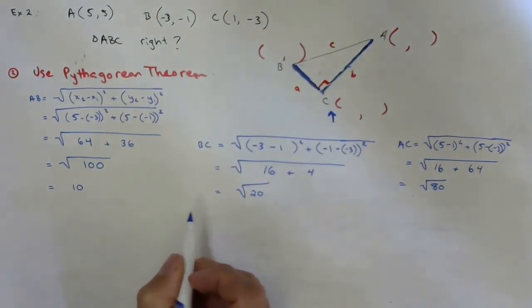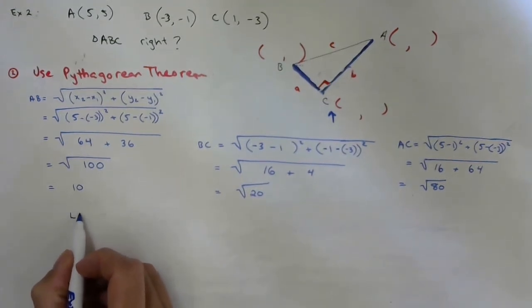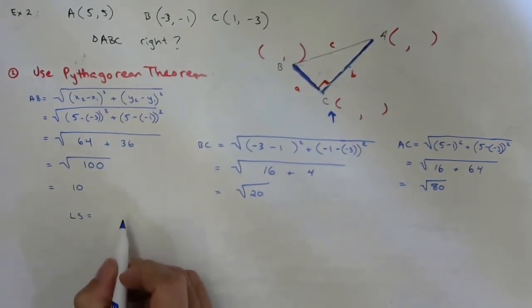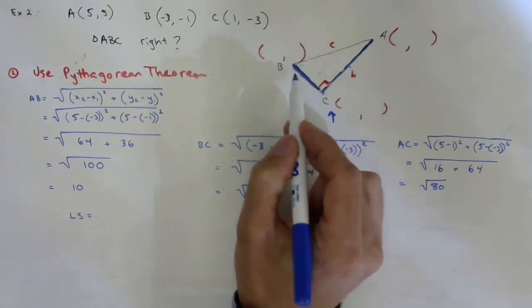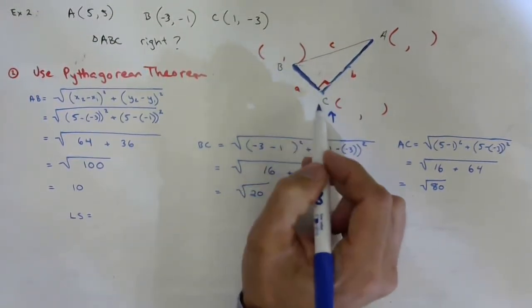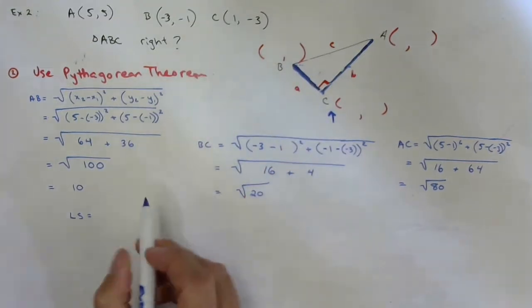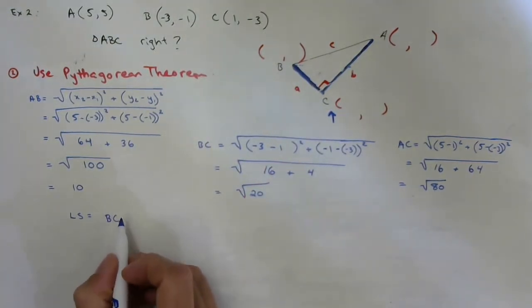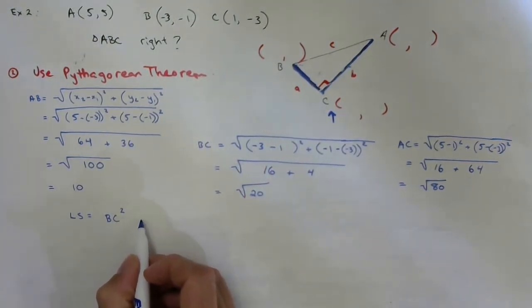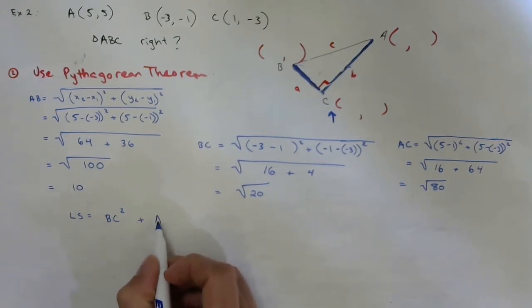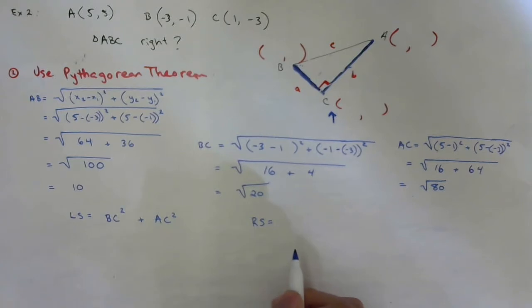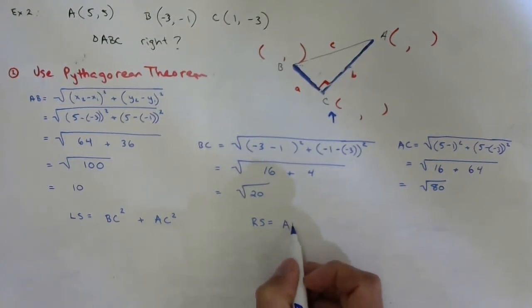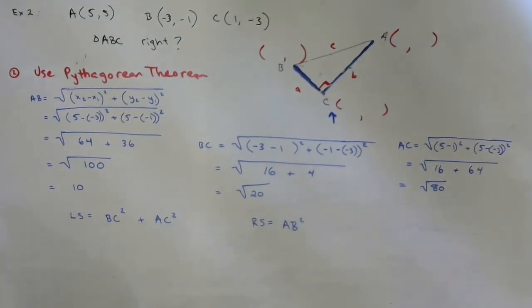If I have the left side of my Pythagorean theorem, I'm going to make those my two legs, the squares of my two legs, and I'm going to add them up. So the left side is going to be BC squared plus AC squared. And the right side is just going to be AB squared.